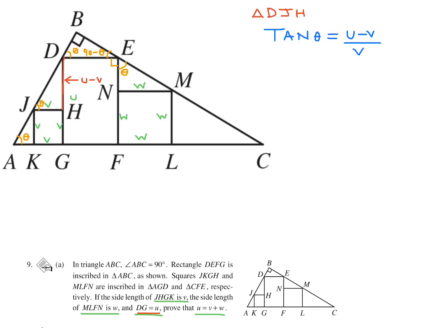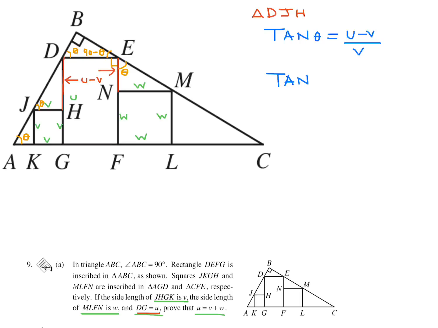The second equation is also going to involve tangent. But which triangle am I going to focus on now? I'm going to focus on this one right here, ENM. And very similarly, I have to figure out this line segment. What is its value?